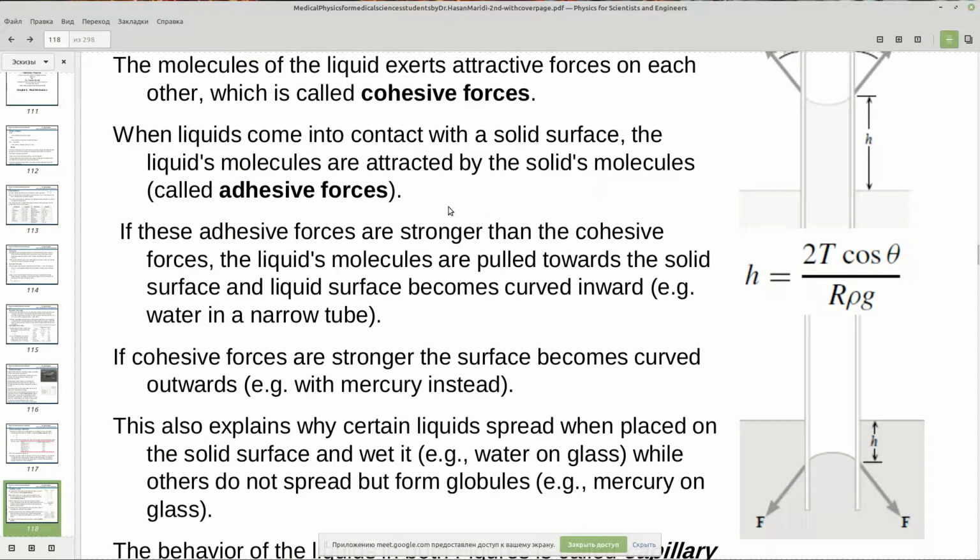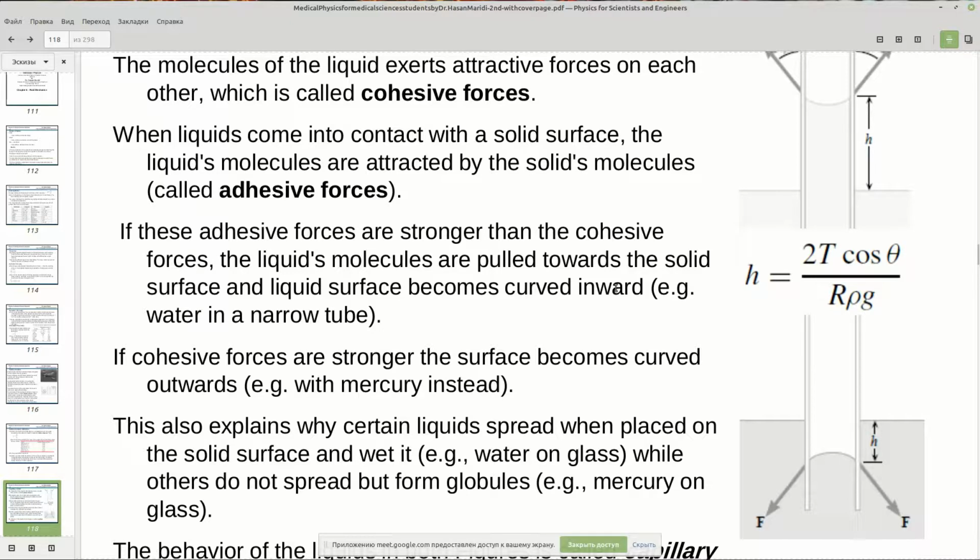If the adhesive forces are stronger than the cohesive forces, the liquid's molecules are pulled towards the solid surface and the liquid surface becomes curved inward. In other words, water in a narrow tube. If cohesive forces are stronger, the surface becomes curved outwards. In other words, with mercury instead.